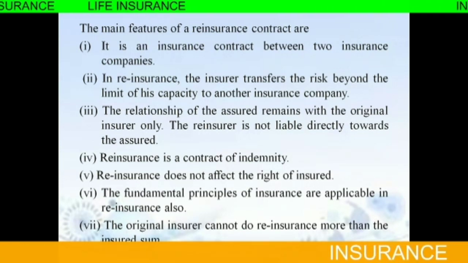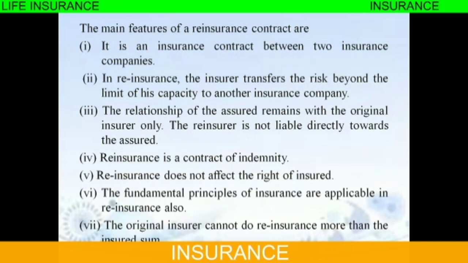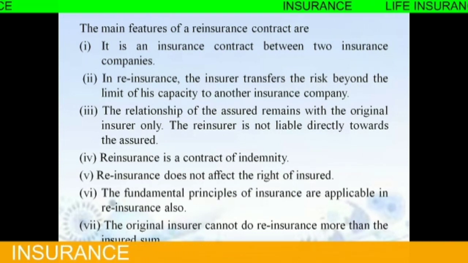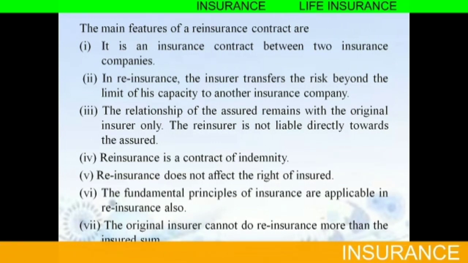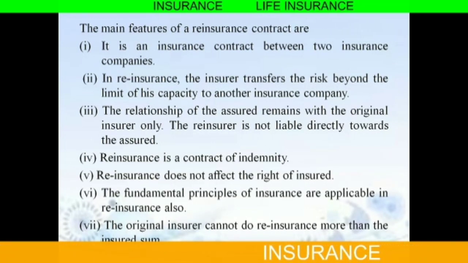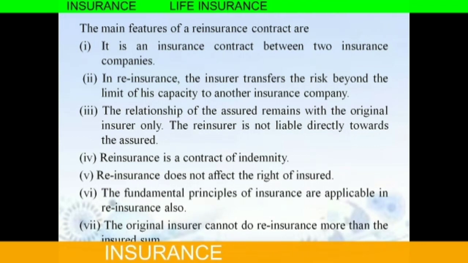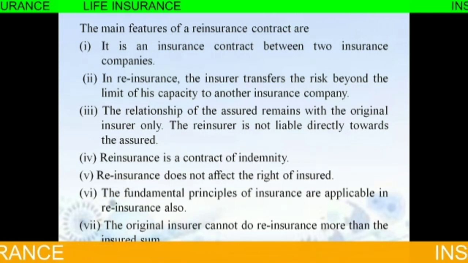The relationship of the assured remains with the original insurer company only. The reinsurer is not liable directly towards the assured person. And reinsurance is a contract of indemnity. And reinsurance does not affect the right of the insured. That is also another advantage.